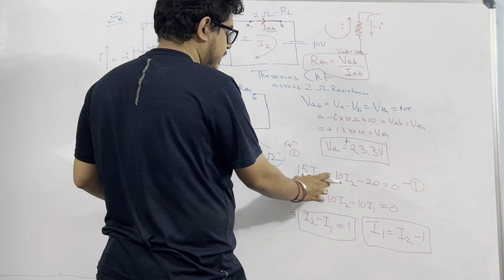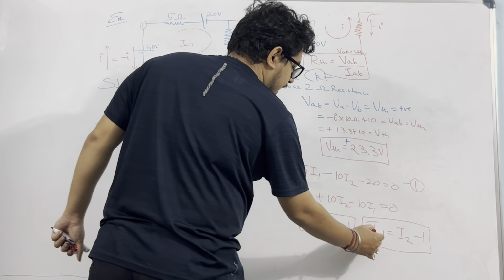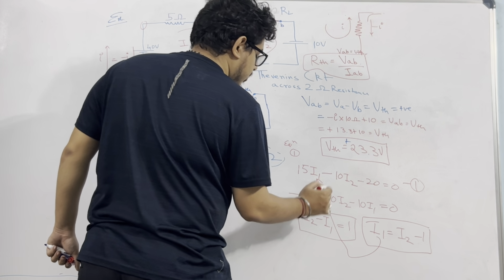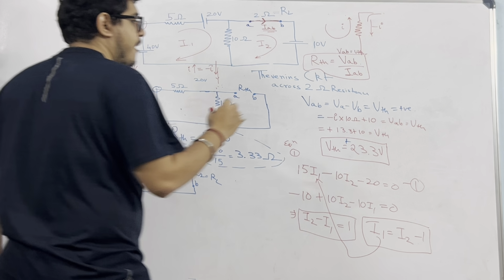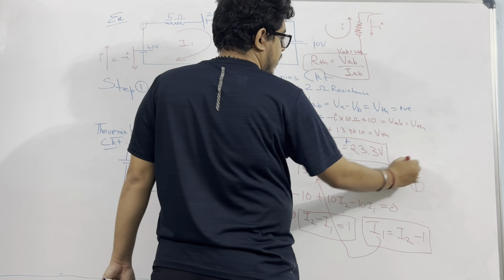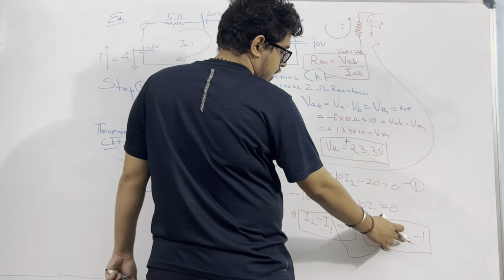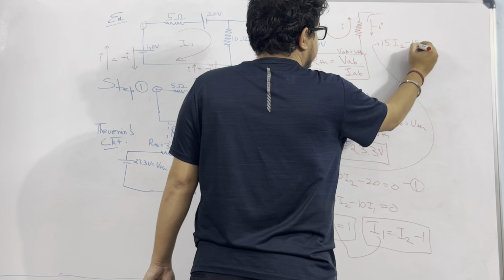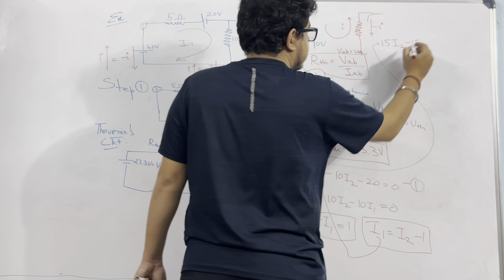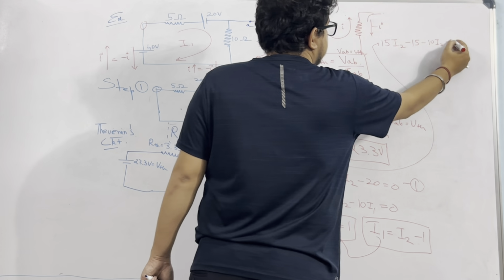So putting I2 minus 1, the value of I1, in this equation, okay, it will be 15 I2 minus 15, we put like this, minus 10 I2 equal to 20.